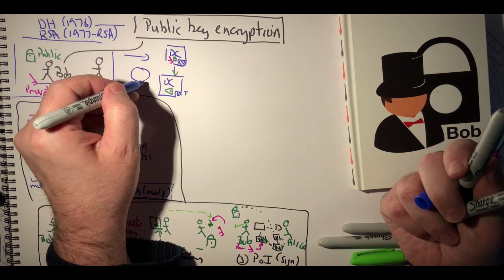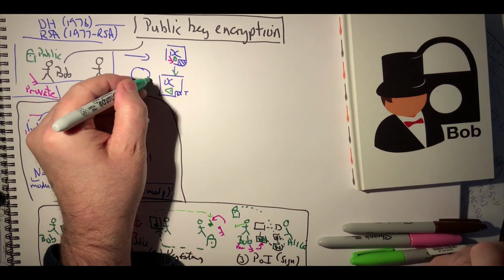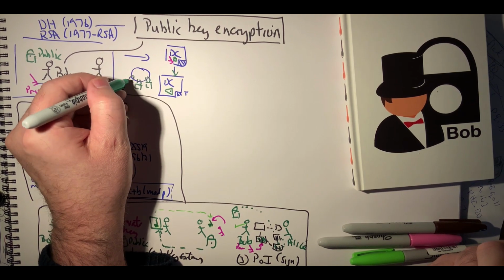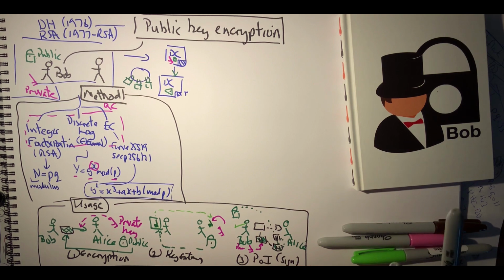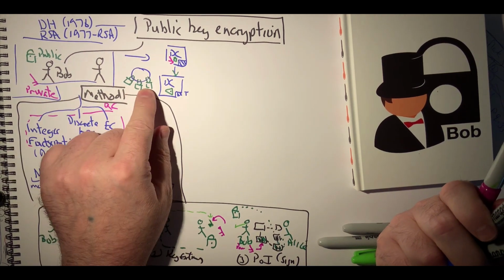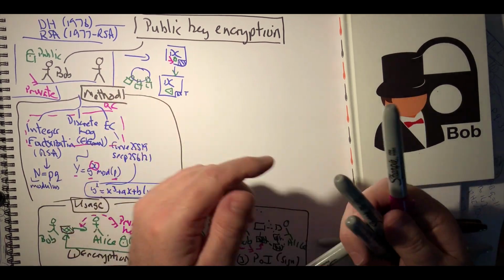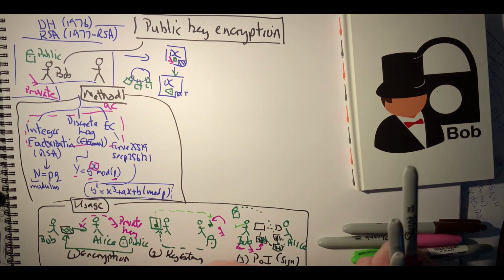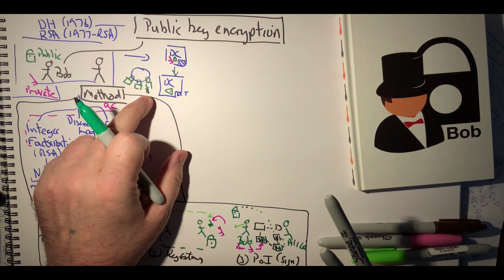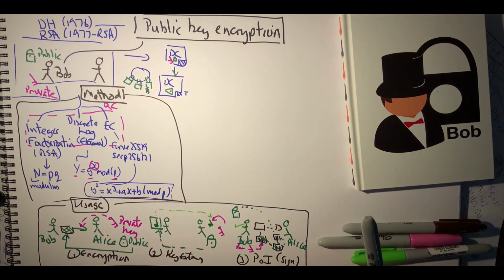The other way we can do this is that we can have a keyring with all of the public keys that Alice might use. So she doesn't have to keep requesting them. So Bob could publish his public key on a repository or send it to Alice, and she would put it onto her keyring so that when she was sending information to Bob, she would look at the public key on her keyring.